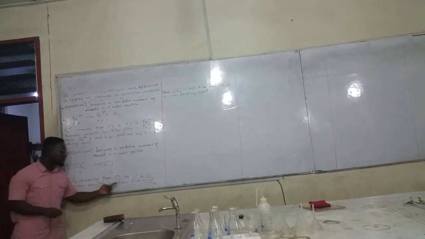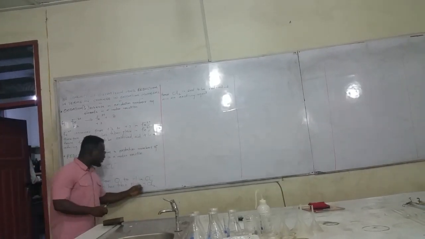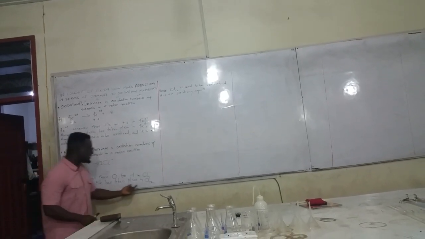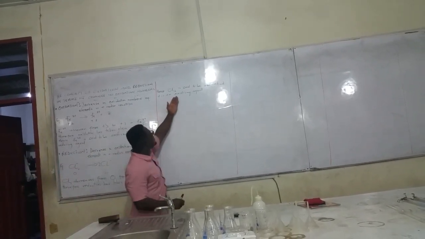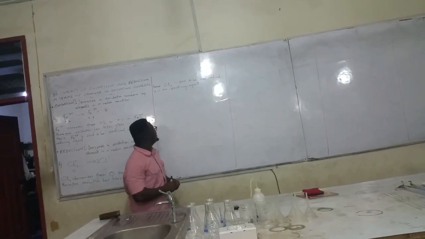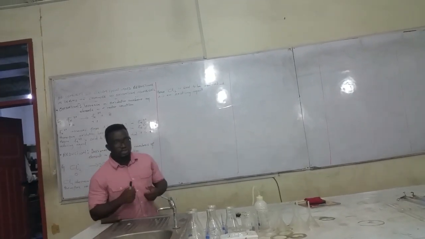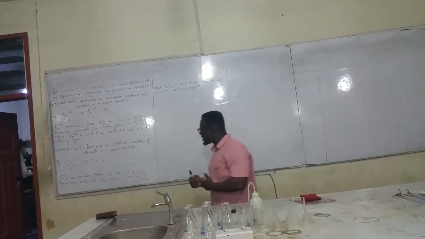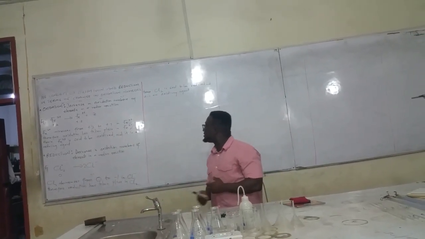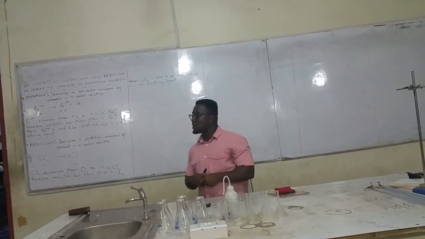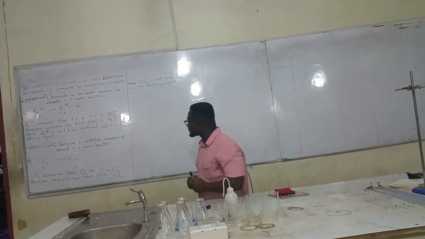Cl2 decreases from 0 to -1 in Cl minus. Therefore, reduction has taken place in Cl2. Hence, Cl2 is said to be reduced, and it is what? An oxidizing agent. Now, that is technically the concept of oxidation and reduction in terms of oxidation numbers.